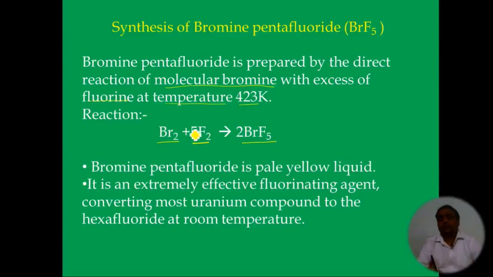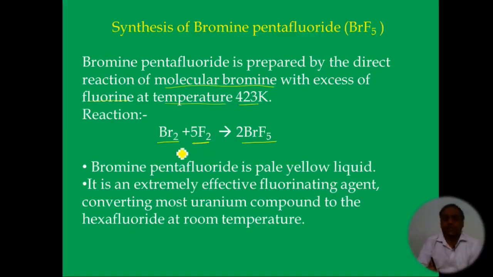If you mix bromine with fluorine in a 1:3 fashion, then you will get bromine trifluoride. Here we are going to mix fluorine in excess so that bromine will accommodate the maximum number of fluorine atoms into its valence shell.